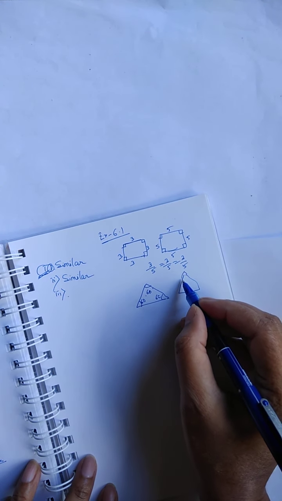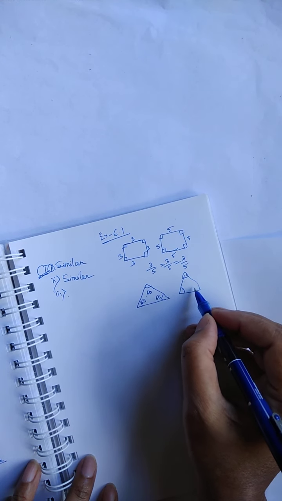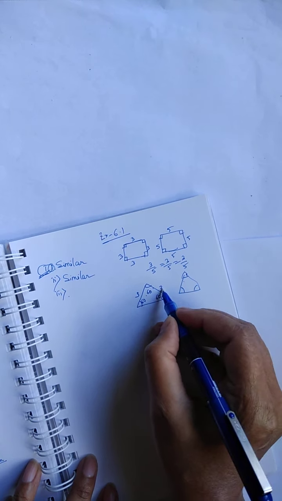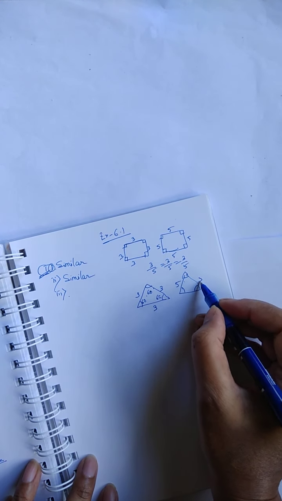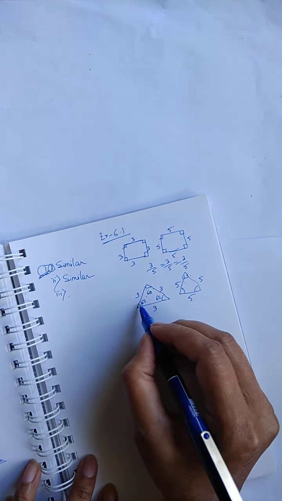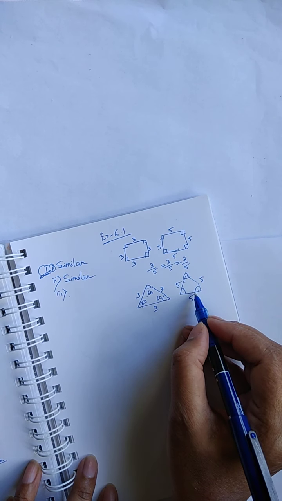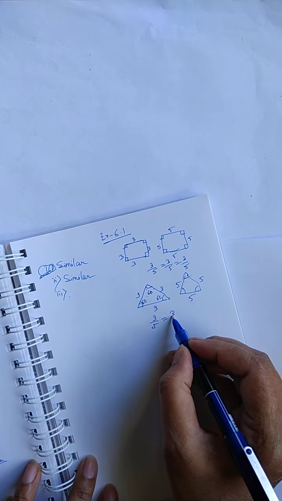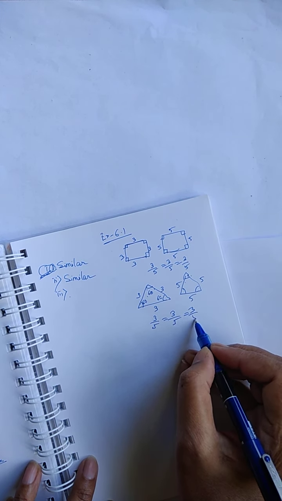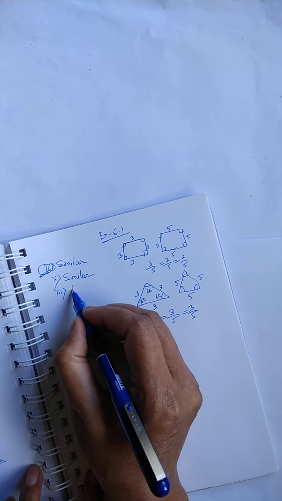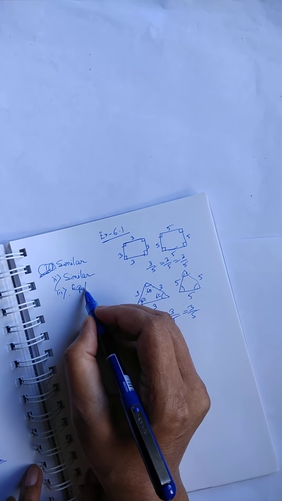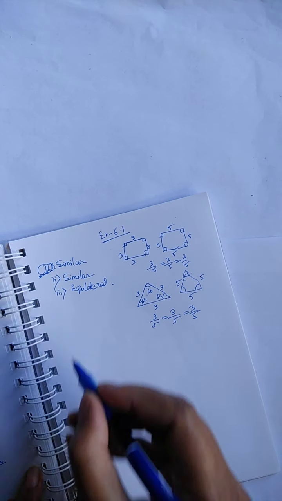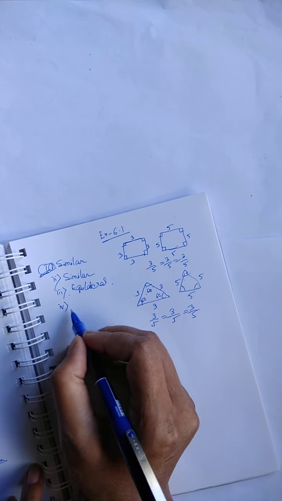If we have two equilateral triangles, and in one the side is maybe 3 and in another it is 5, the angles are the same in both and the ratio is the same, 3 by 5 equals 3 by 5 equals 3 by 5. So in this case we can say all equilateral triangles are similar.